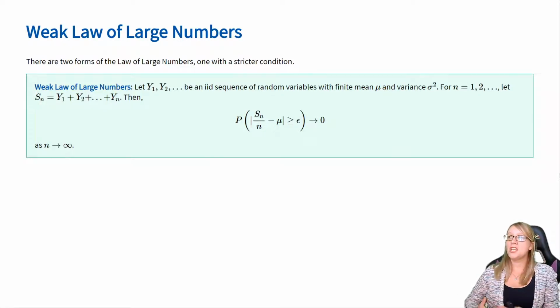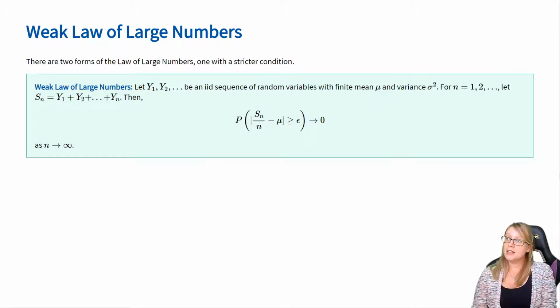We'll start with the weaker form of the law of large numbers. We'll let y1 through y2 all the way up through possibly y sub infinity be an IID sequence, IID being independent, identically distributed, of random variables with finite mean mu and variance sigma squared. Notice that we are not saying anything about how the y's are distributed other than their mean and their variance.